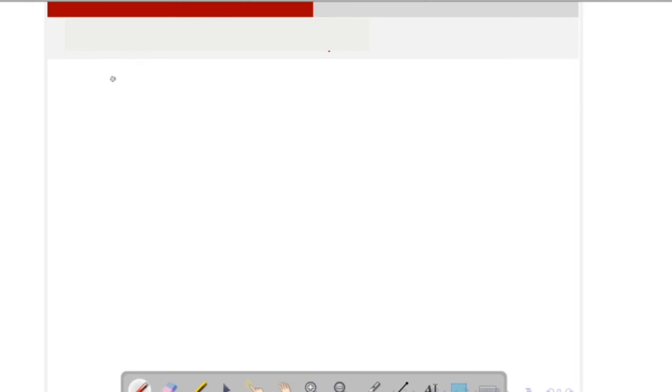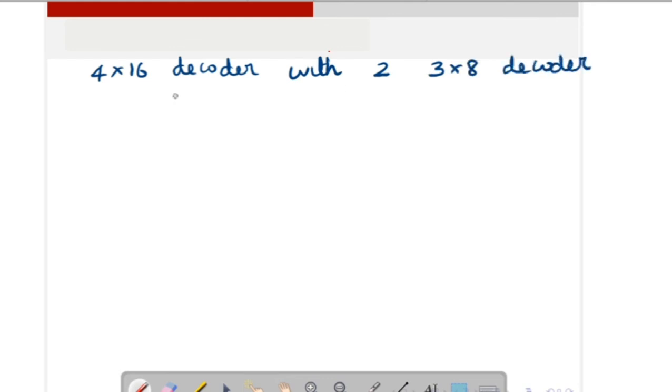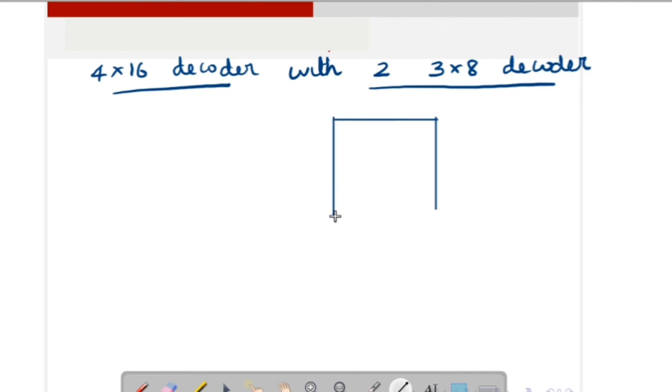A decoder demultiplexer circuit can be connected to form a larger decoder circuit. So here I will design a 4/16 decoder circuit with two 3/8 decoders. So first draw two 3/8 decoders.